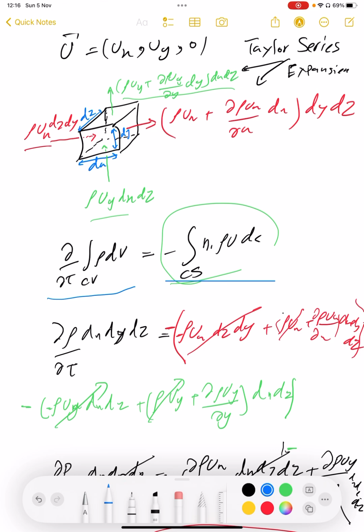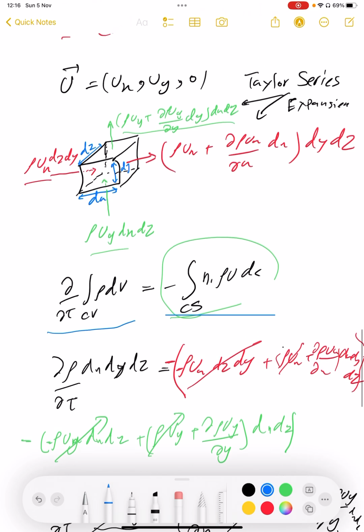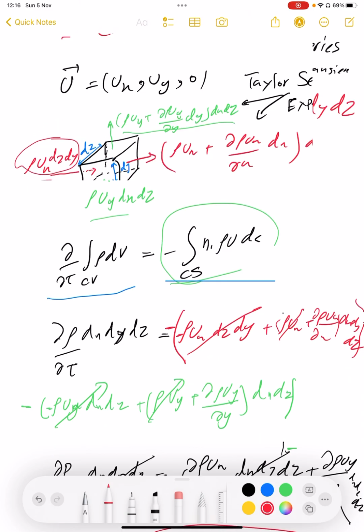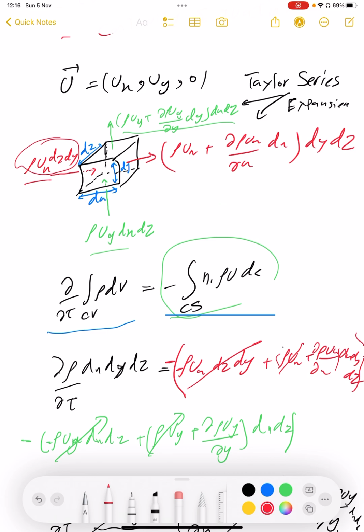So I used the Taylor series example to show you that. If I have a fluid coming in the x direction inside my control volume, which is this amount, and the amount of fluid coming out is this amount, I use the Taylor series expansion to show that. And if I do the same in the y direction, the amount coming in is this one, and the amount coming out is this amount.